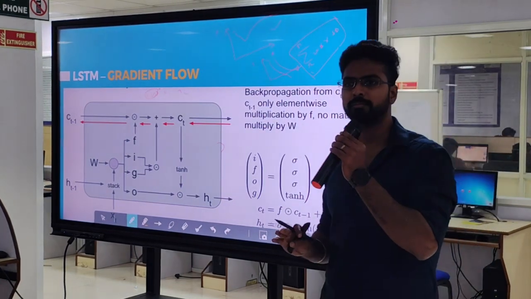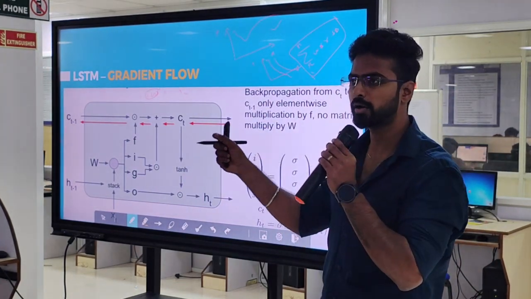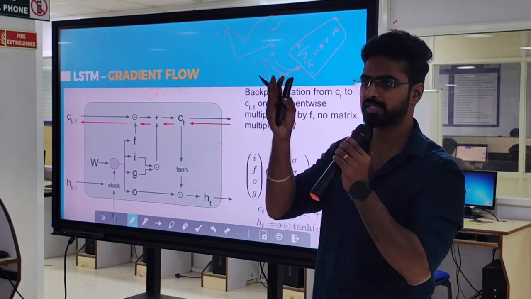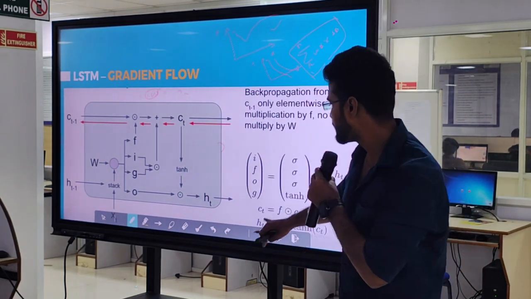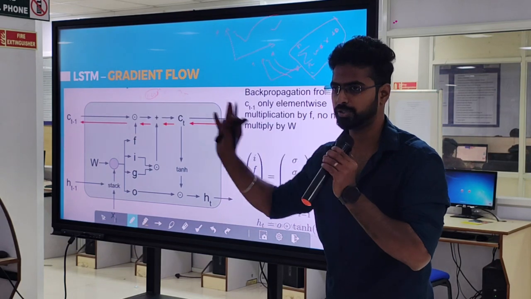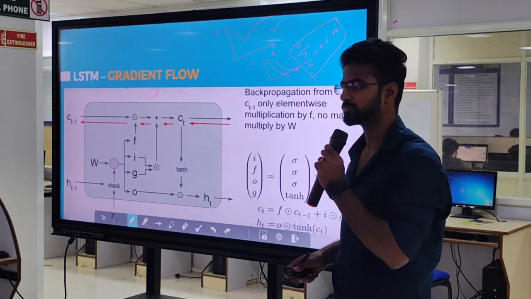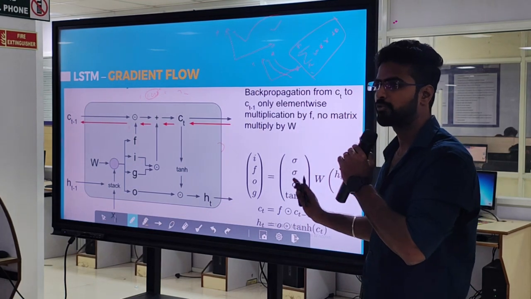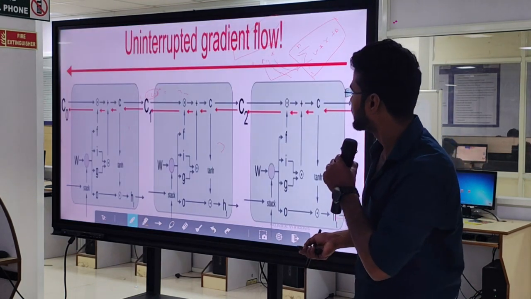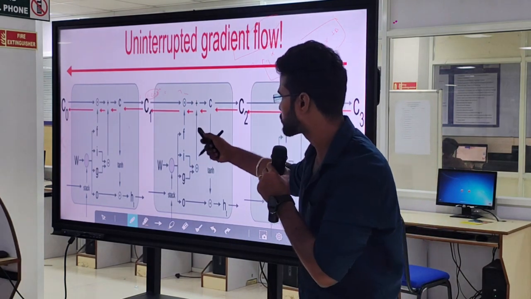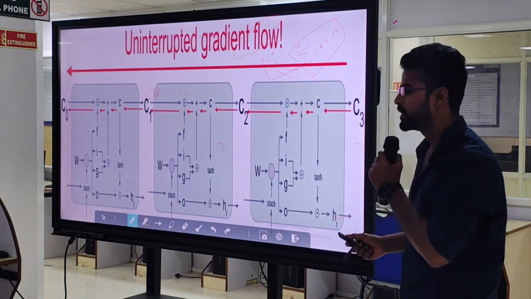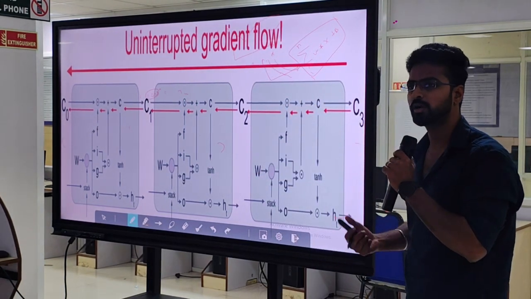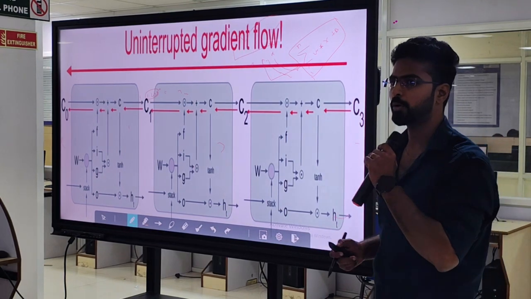Okay, so here C(t-1), H(t-1) is the previous cell information, and C(t) and H(t) is the next cell information per time step. This is how the LSTM flow generally works, with uninterrupted gradient flow. By doing this process, you can reduce a lot of gradient problems.